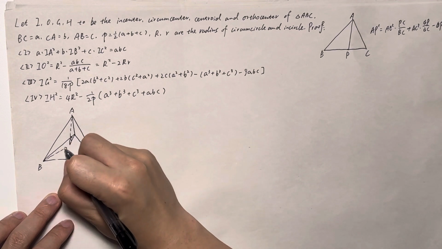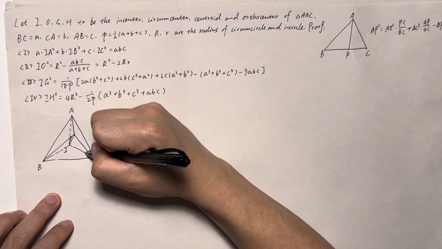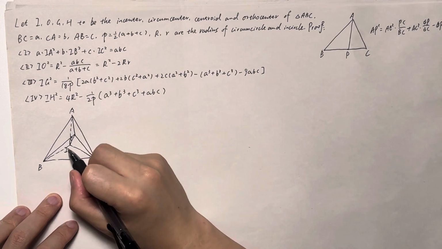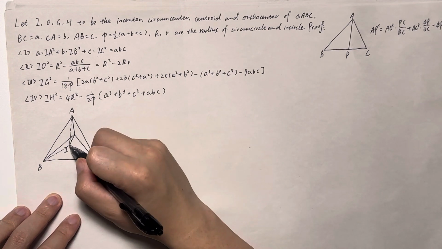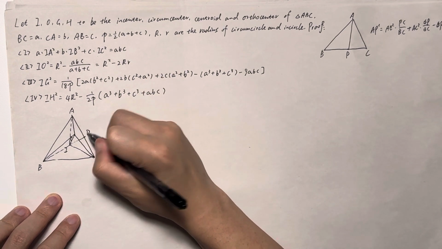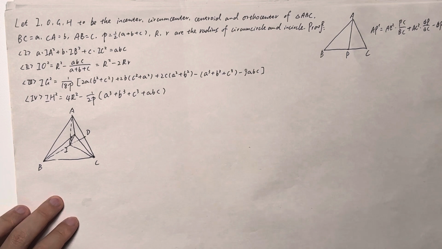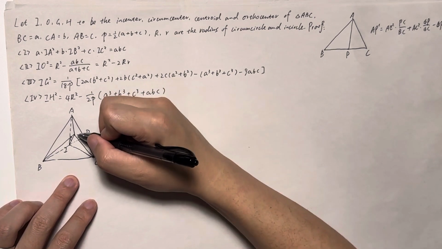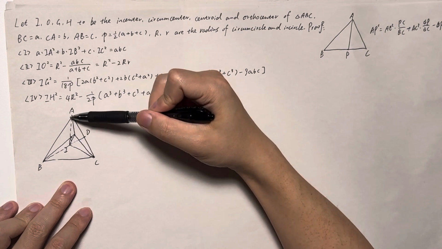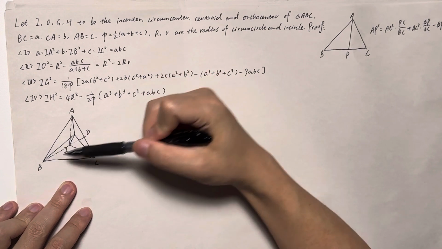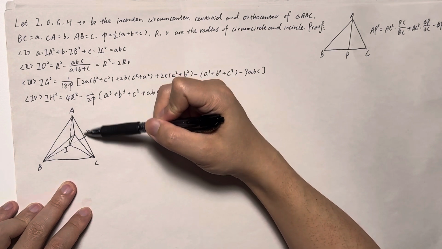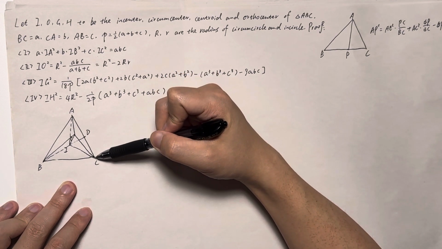We know that I is the incenter. So we can extend BI to intersect AC at point D. Notice that because BD is the angle bisector of angle ABC, we know the ratio of AD to DC.